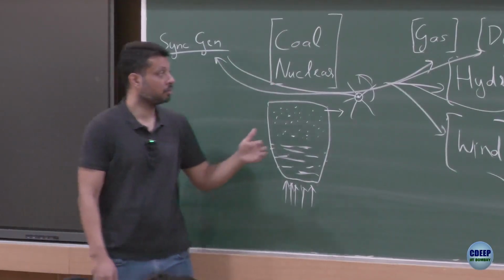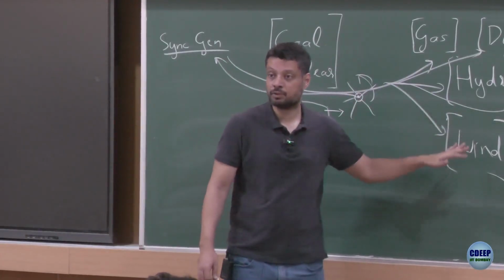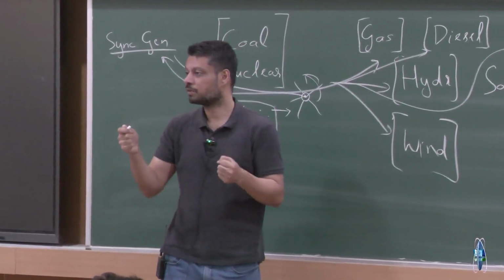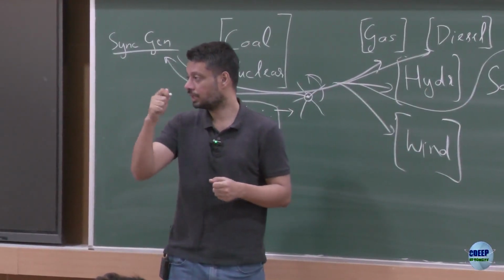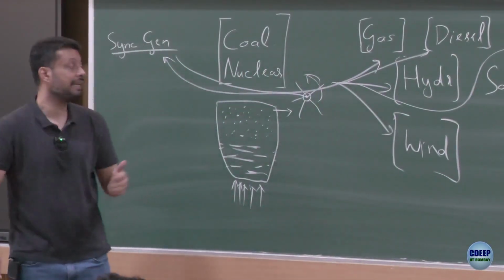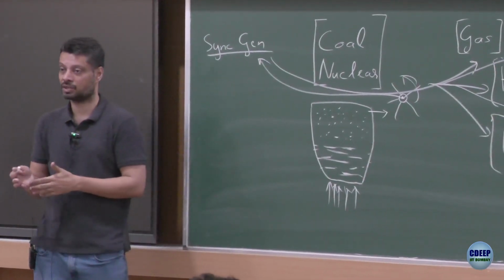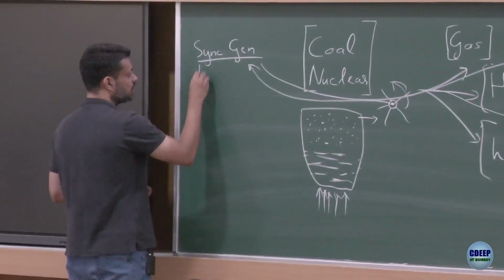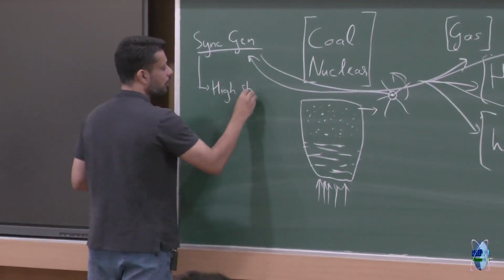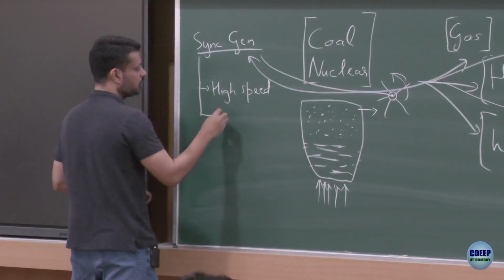But if you are talking about hydro, for example, right, the speeds would be relatively low. Wind, you can visibly see it slowly rotating, right. It has a huge amount of torque, but the speed is very slow, right. So there are some technologies which would require a higher speed synchronous generator. There are some technologies which require a low speed synchronous generator, right. So you can make it high speed or low speed. I'll come to more differences about this later.